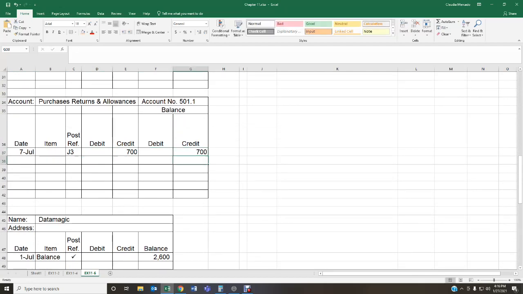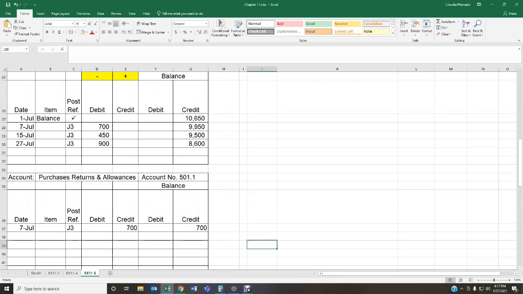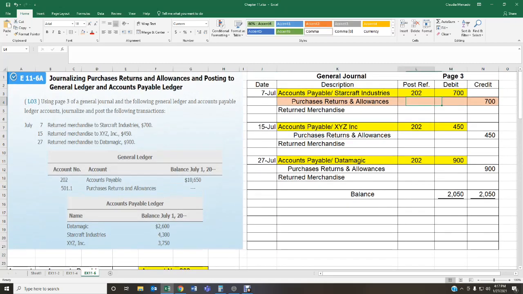It'll be a credit of $700. So that tells me that on my purchases, returns, and allowances, I've got $700 of purchases, returns that have been processed. And then once I'm done, I'm going to transfer that 501.1 over to my journal. 501.1. We're going to go with the next one.